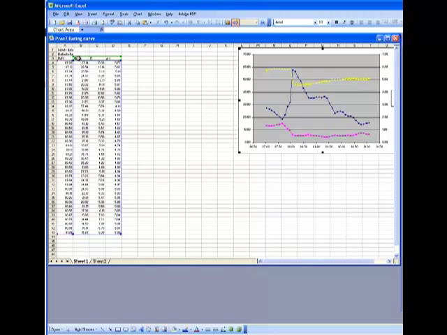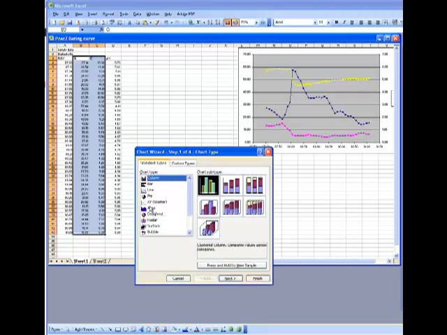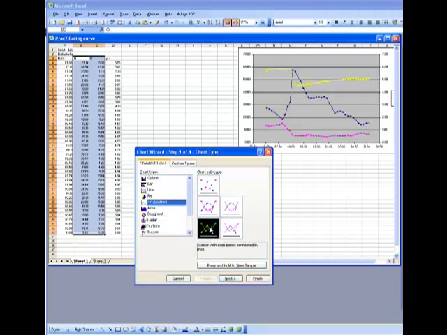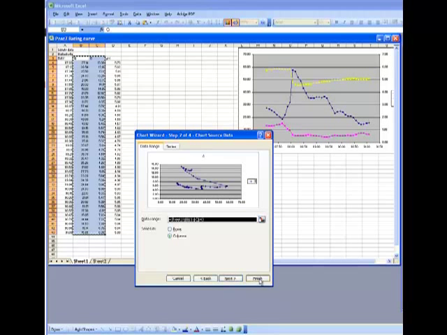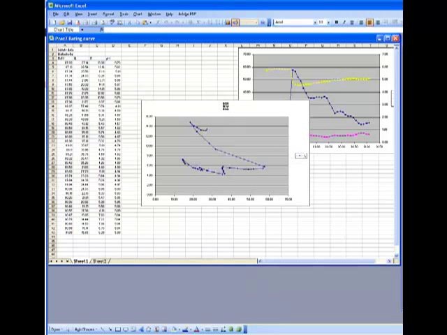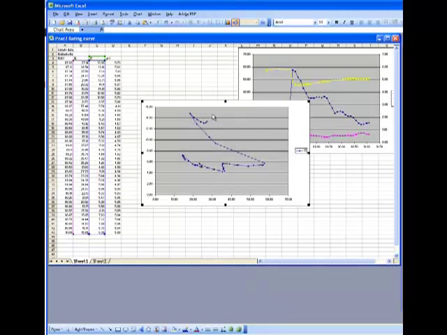So the next thing to do then is to plot the discharge and the electrical conductivity against each other. Look at the relationship. Get rid of the title. So that's the relationship between solute concentration and discharge.